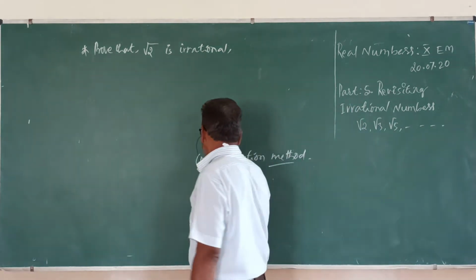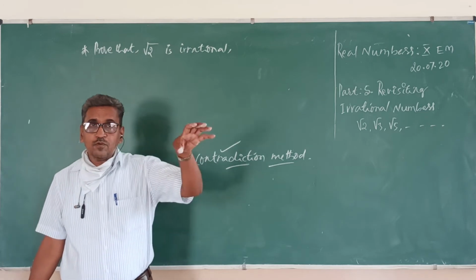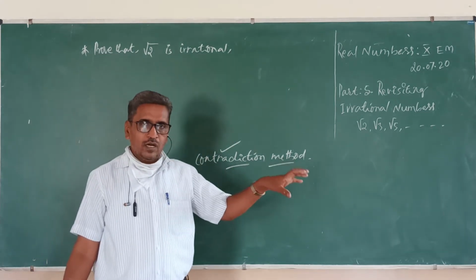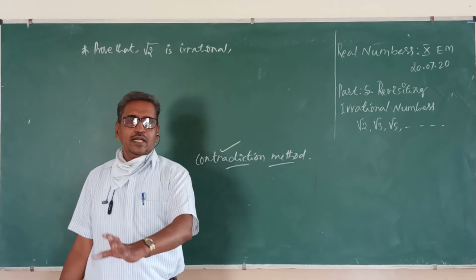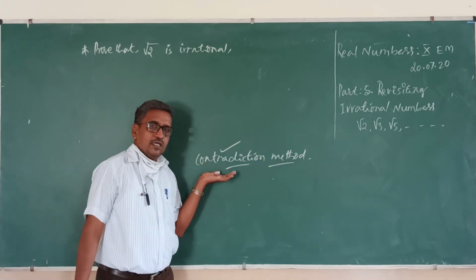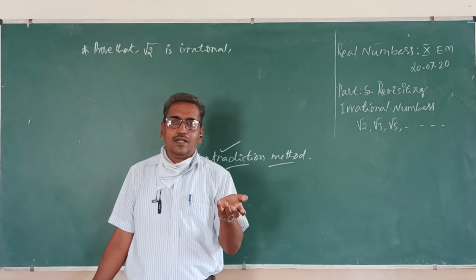That is the contradiction method. So first we take that root 2 is a rational number.